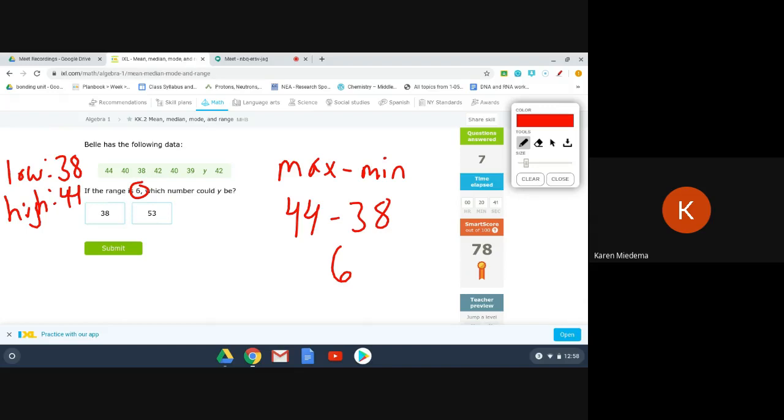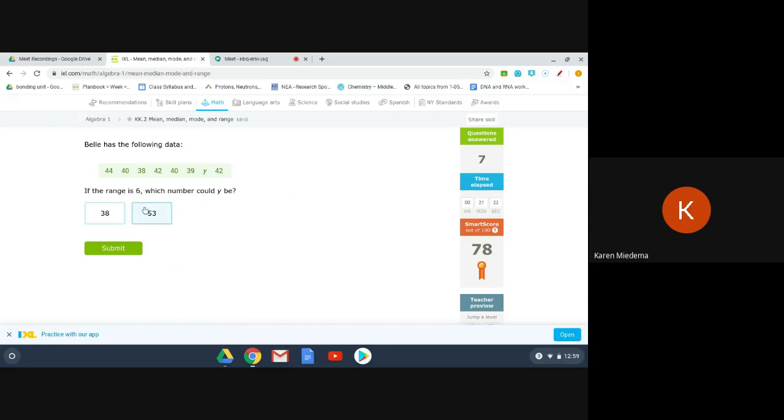If Y were 53, then my maximum value would be 53, because that would be higher than any of these other numbers in the data set. And then my minimum value would still be 38, because there was a 38 actually in the data set. So if that were true, then 53 minus 38 would give me 15. And the range of this problem was not 15, it was 6. So which number could Y be? The answer is 38.